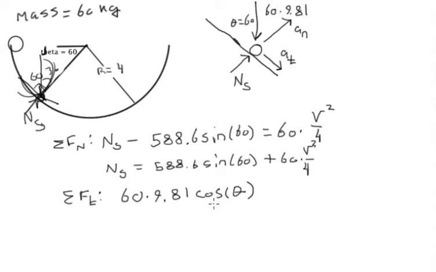That's the only force in the tangential direction, and that's going to equal mass times acceleration in the tangential direction. You see the 60s just cancel out. So acceleration tangential is going to equal 9.81 cosine of theta.